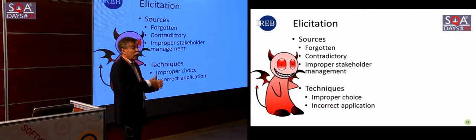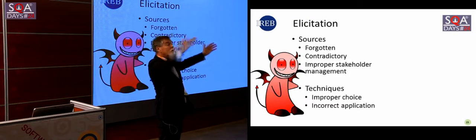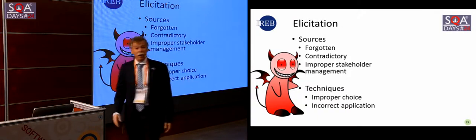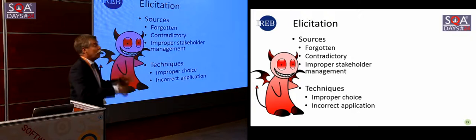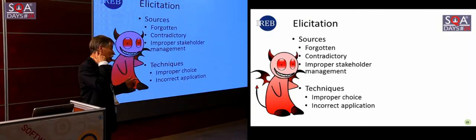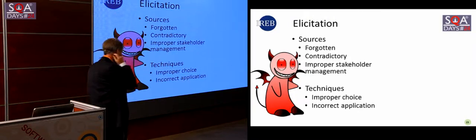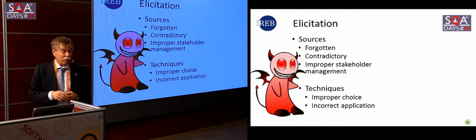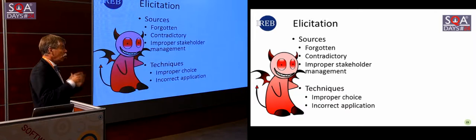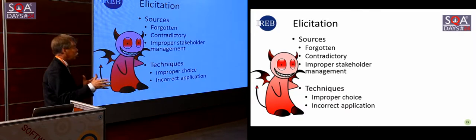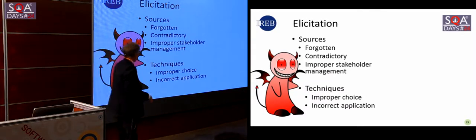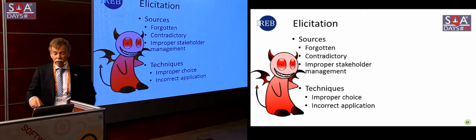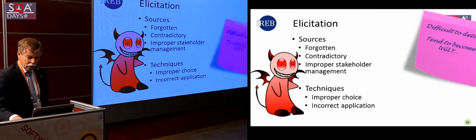And if you try to do it with a huge group of stakeholders, well, you won't have enough time, and you'll forget some, or you won't be able to make the right appointments in the time that you have for the interviews. So selecting the right technique is important, and applying the right technique in the right way is important. So there, things can go wrong.